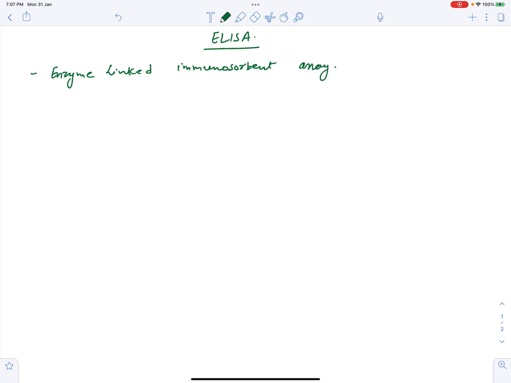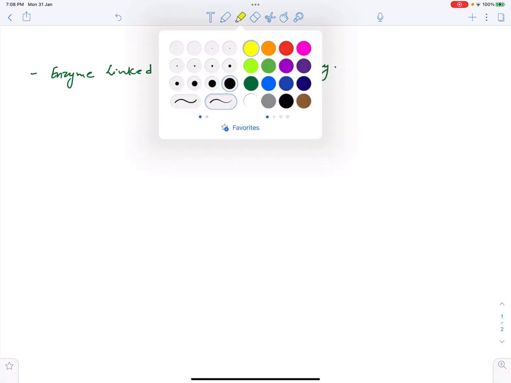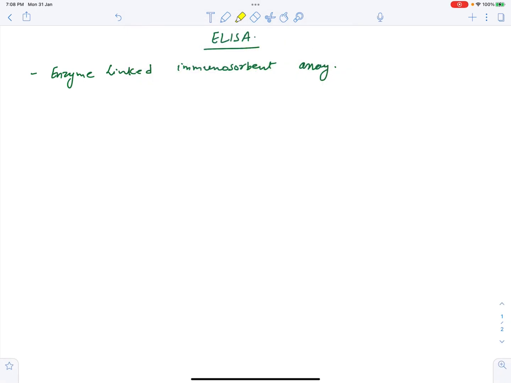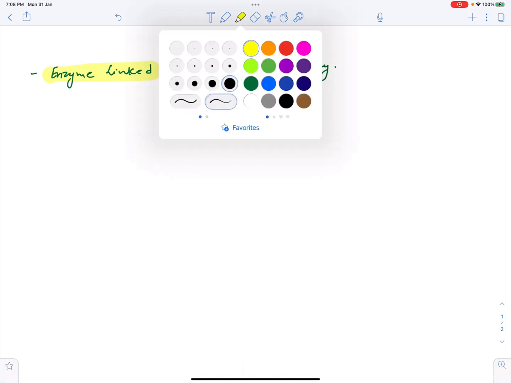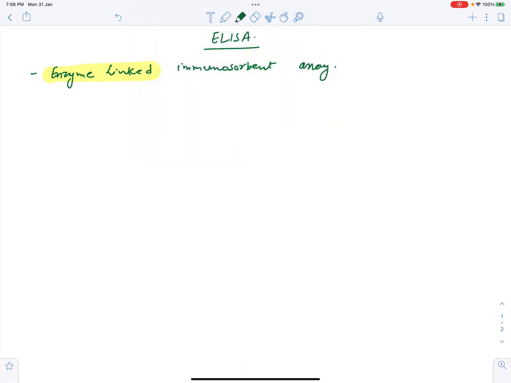Now the name of this technique itself demonstrates different things. Firstly, it is enzyme linked, it is an immunotechnique, and it is a sorbent assay. Why is it known as enzyme linked? We will see it later.